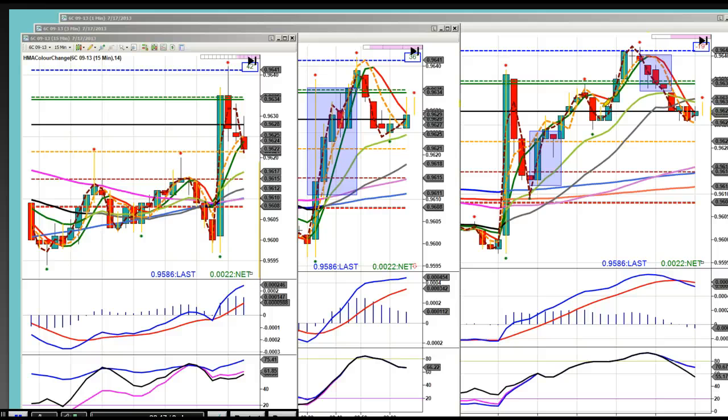The only ones you pay attention to are the red, the gray, and the turquoise. You ignore the rest of the colors if you're trading on the trend, because the fact that you have the majority of the moving averages and the time frames matching tells you there's so much agreement in the market to go in that direction that it's going to cut through them like a hot knife through butter.